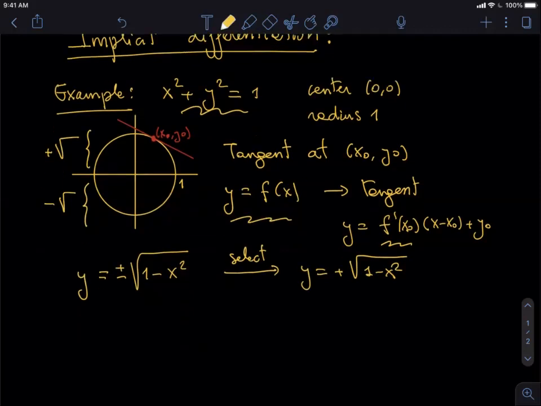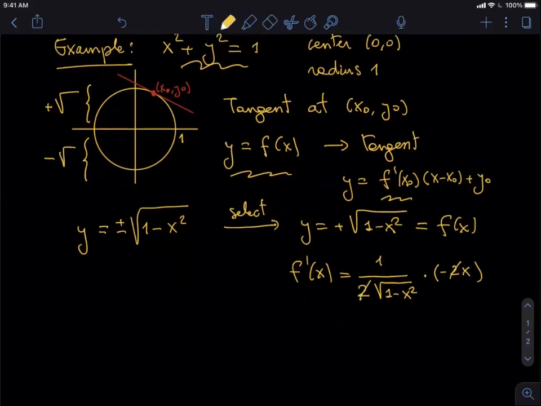But then once I have the square root, then this is my f of x that I was looking for, and then I need to compute the derivative, which is the derivative of the square root, the chain rule, right? So it's 1 minus x squared inside, and then the derivative of what is inside, which is negative 2x. There is a bit of cancellation, but this is not looking very easy. So the conclusion here is it gets a little messy.